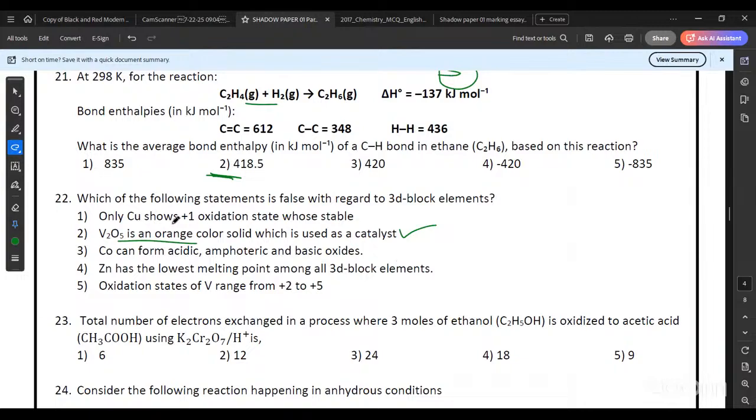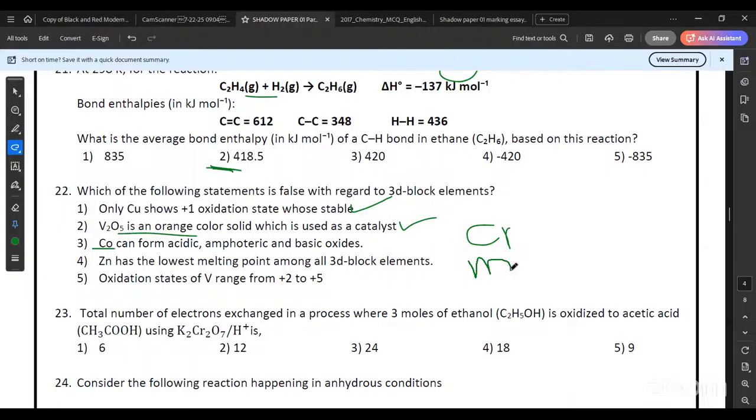That's correct. Only copper shows the plus oxidation state that is stable. That is correct. Cobalt can form acidic, amphoteric and basic oxides. Chromium, manganese, vanadium, right? Vanadium, chromium, manganese.